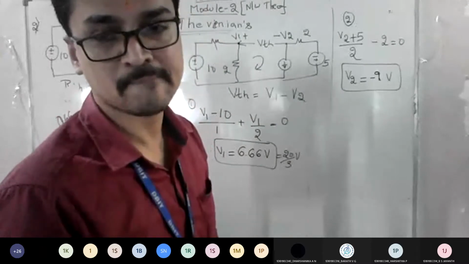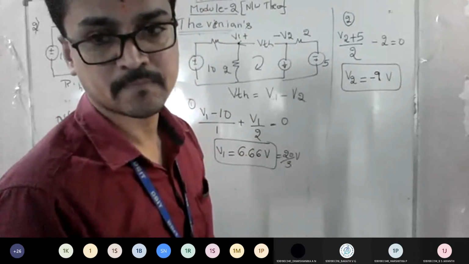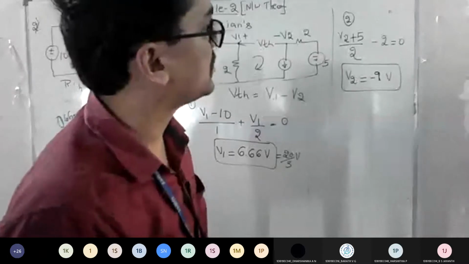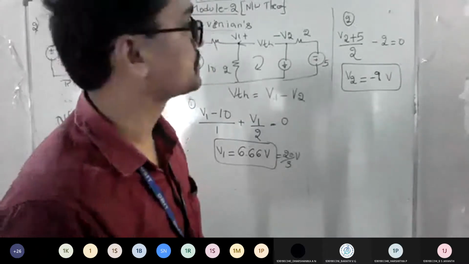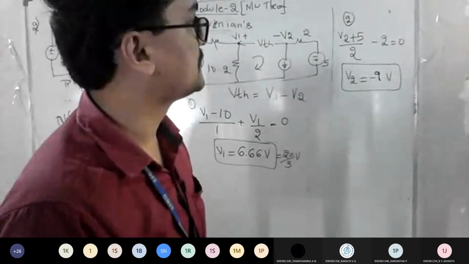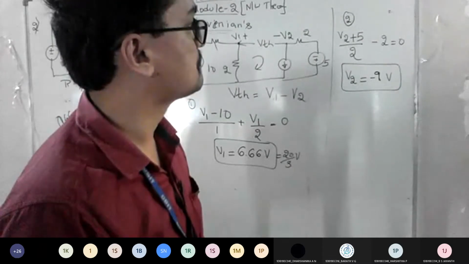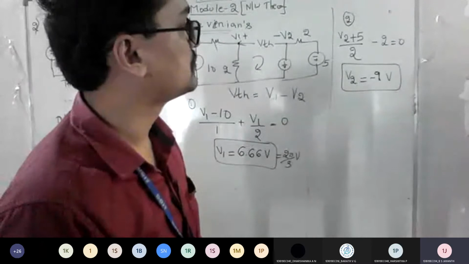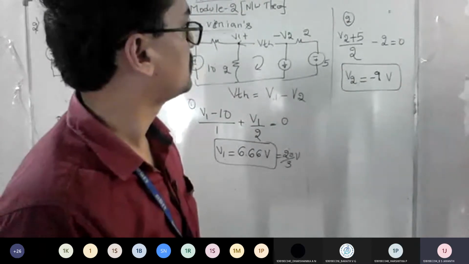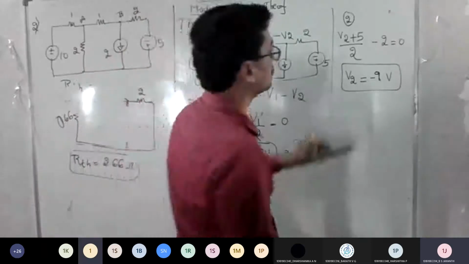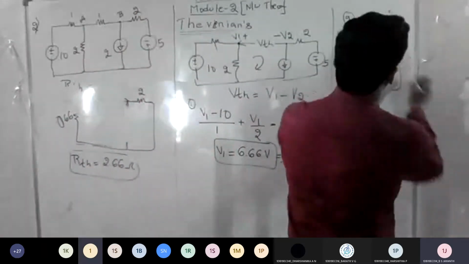Sir, minus 1, sir, again the same answer. Check properly. Sir, we get minus 9 volts when we consider the 2 in the RHS, sir. You have to consider the RHS only. Yes, sir, if you take LCM, we'll get 9, sir.